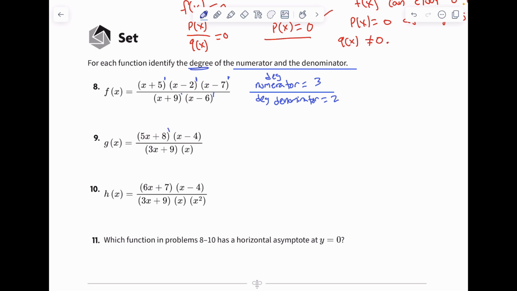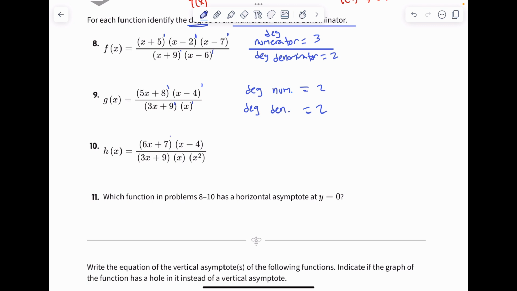Here we have a 1 and a 1, so the degree of the numerator is simply 2. And the degree of the denominator, this is 1 and this is 1, is also equal to 2.